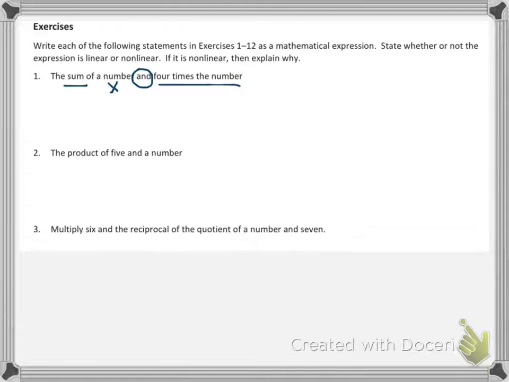So I'm going to add x plus 4 times x, which is really just 5x. So there's my expression, x plus 4x, or simplified 5x. And then I have to decide whether it's linear or nonlinear.